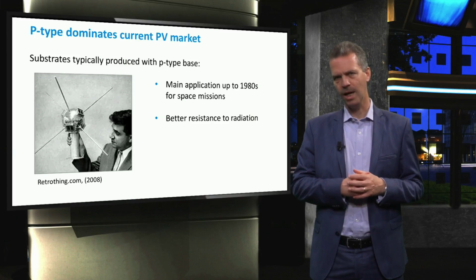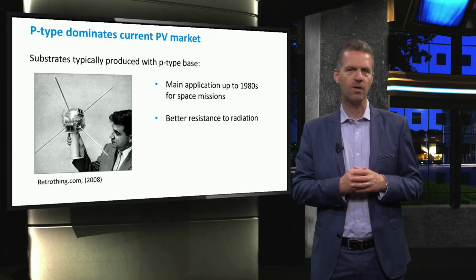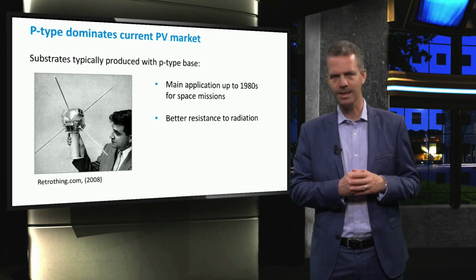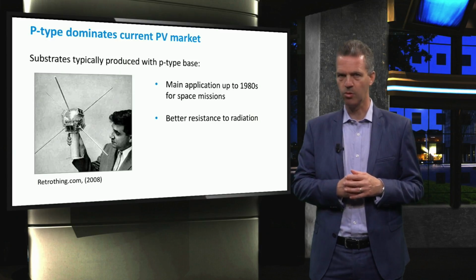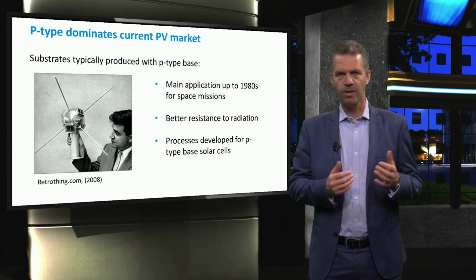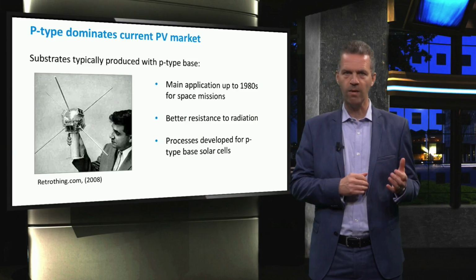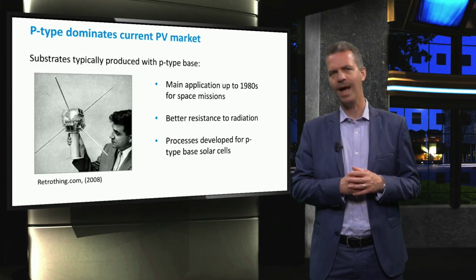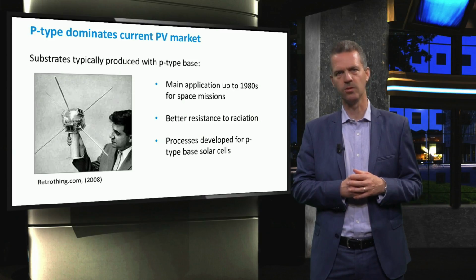Controlled irradiation studies, however, demonstrated that the minority carrier lifetime of N-type cells degraded significantly. P-type wafers were much less susceptible to space radiation, so the choice was obvious. From there on, the entire processing chain of casting ingots, wafer doping, emitter diffusion and metallization was developed for P-type based silicon solar cells.